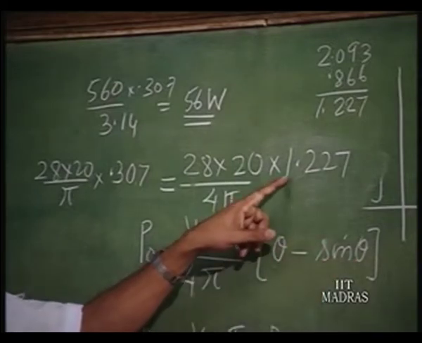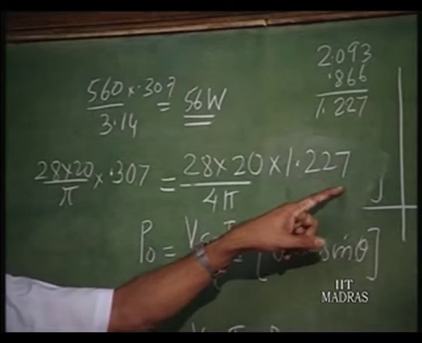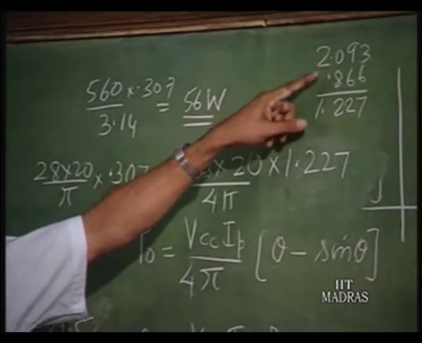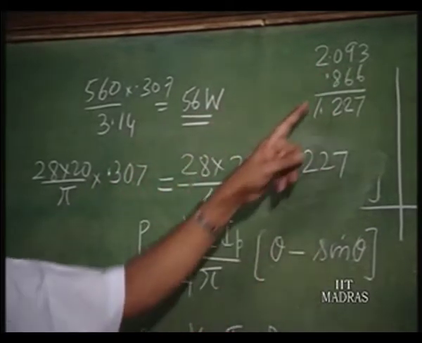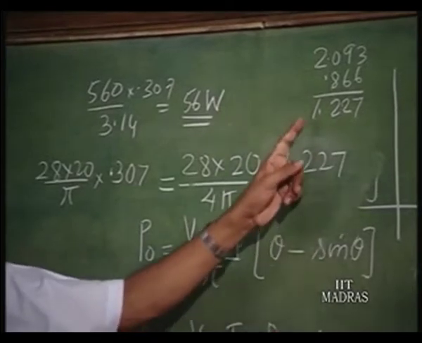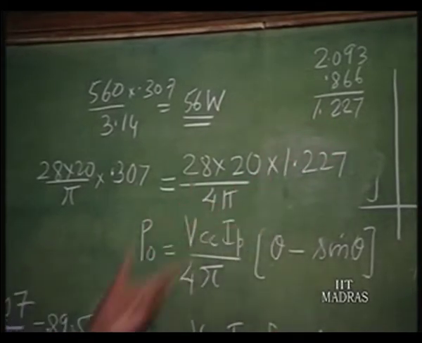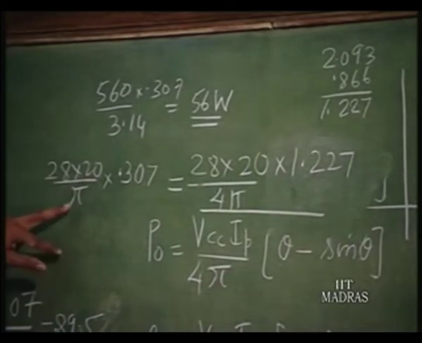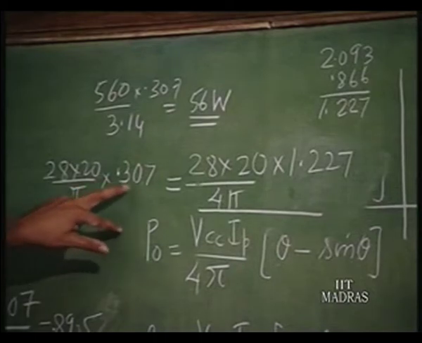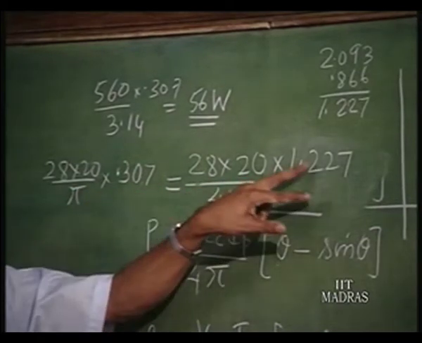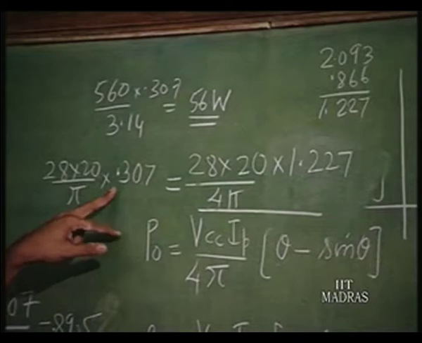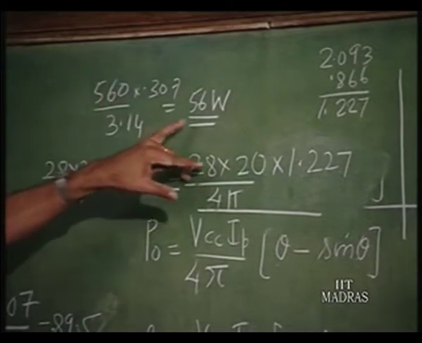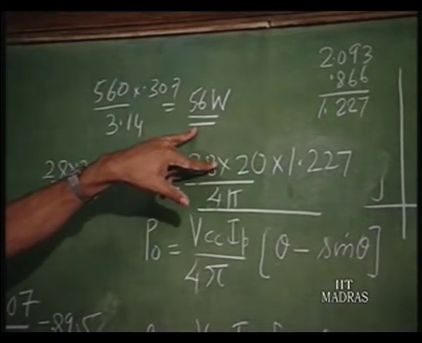Calculating this, you will get 1.227. This is the calculation, 2.093 minus 0.866, 1.227. This is really the output power, which is 28 into 20 by pi into 0.307, for 1.227 by 4, which is approximately 56 watts. Okay.